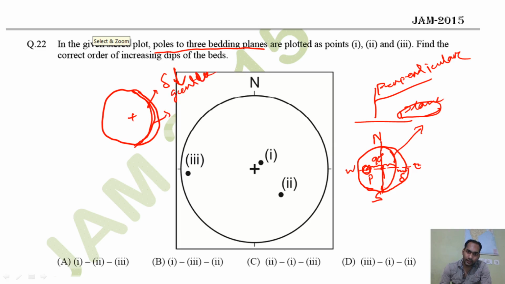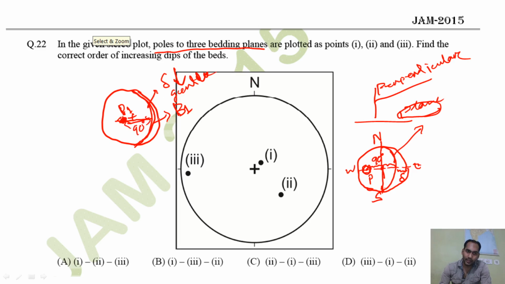So let's say this is a plane P1, a bed B1, whatever. The pole will be measured 90 degree from here, right here. So let me take it B1 and the pole will be P1, right? I have to take 90 degree. This is the pole.